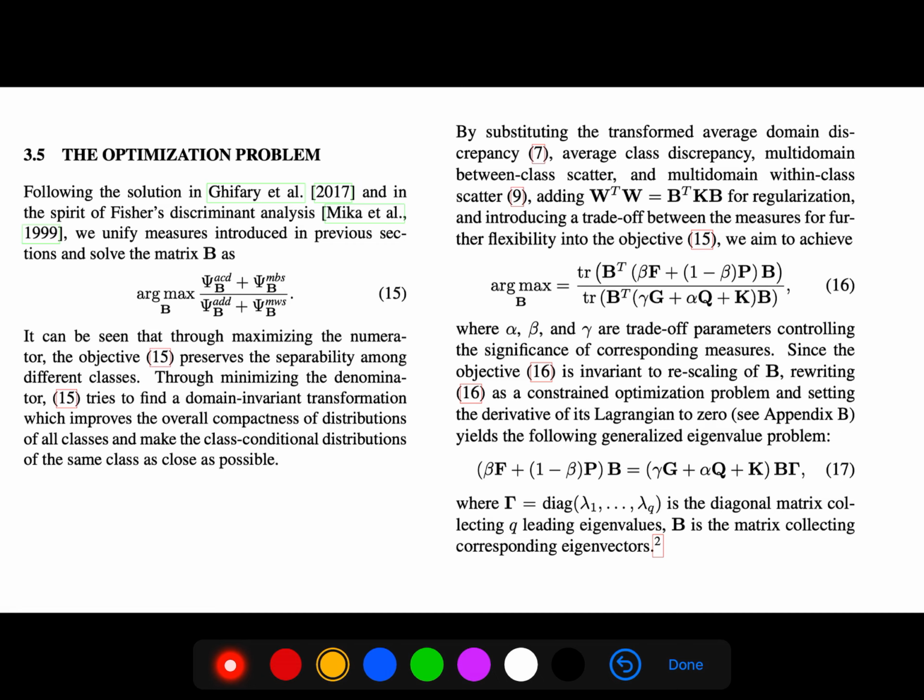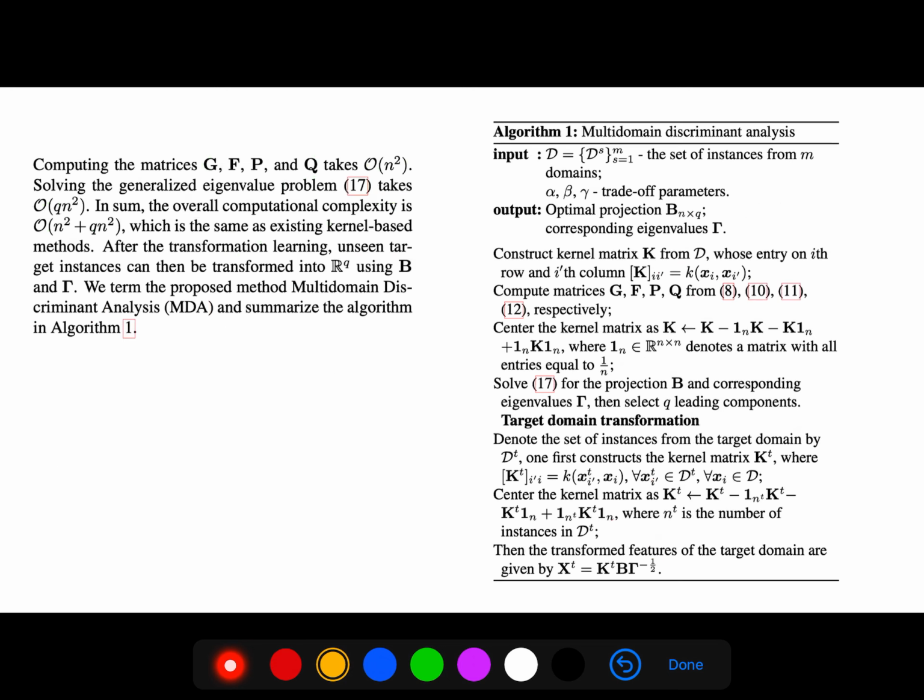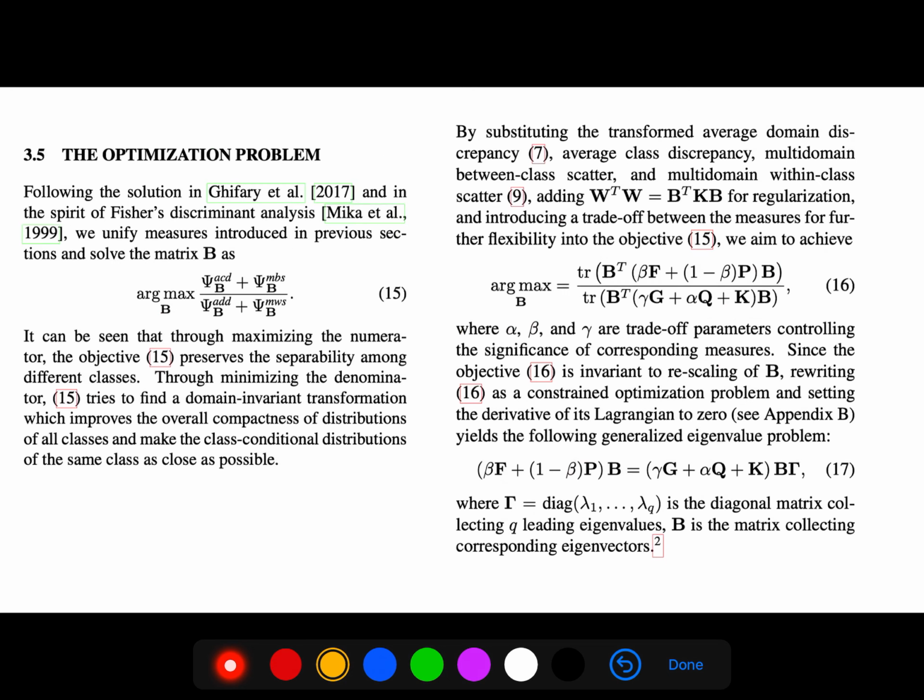But because they are working on the trace, they have an optimization problem, some technical problem. It can be seen, so we use the unified measures introduced in the previous section and solve this problem. It can be seen that by maximizing the numerator, the objective preserves the separability among different classes.